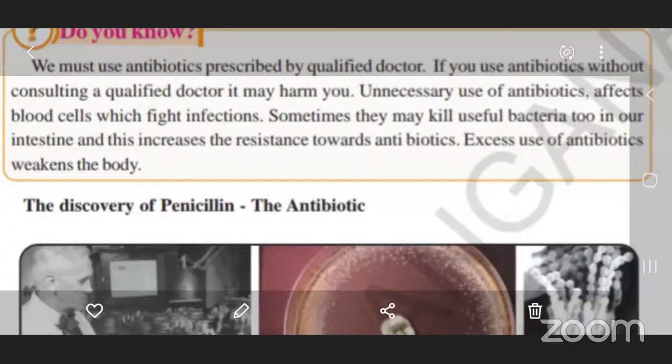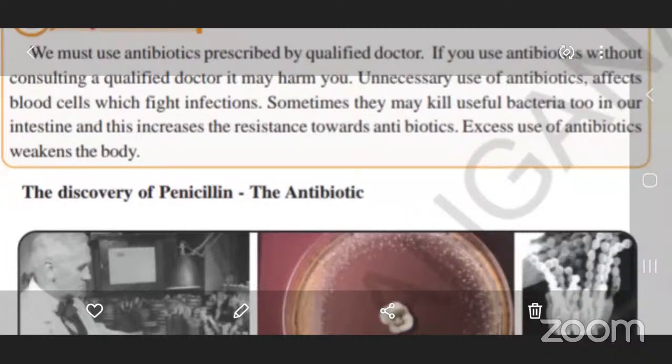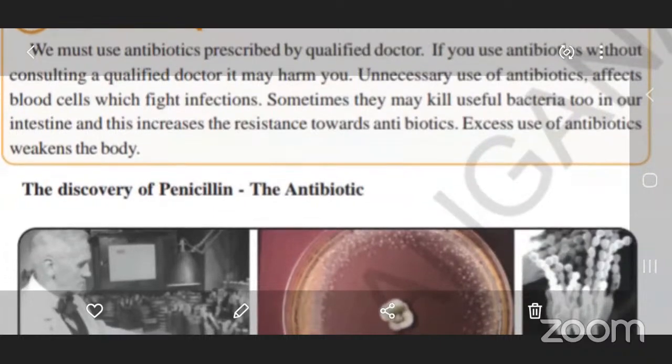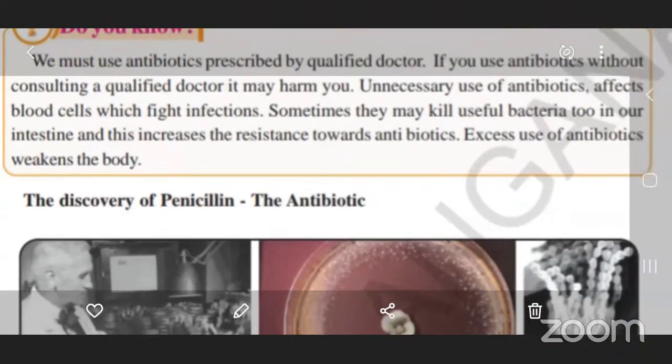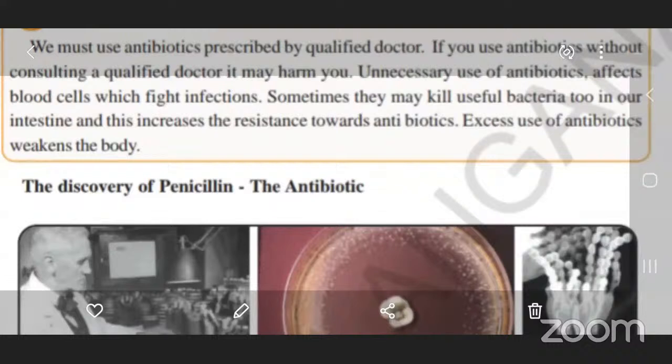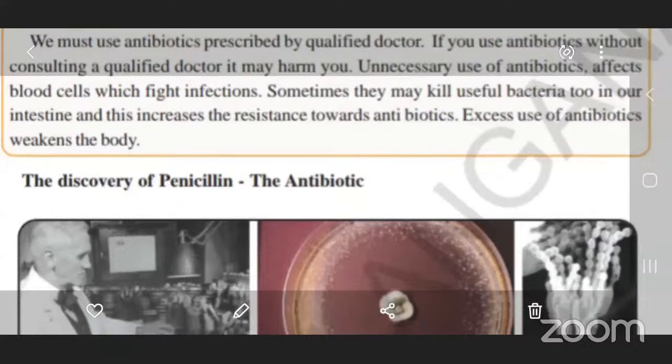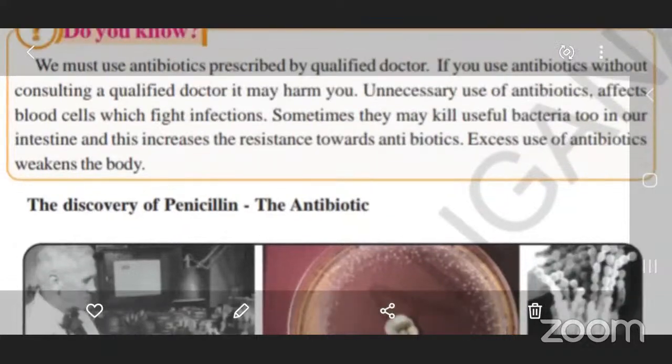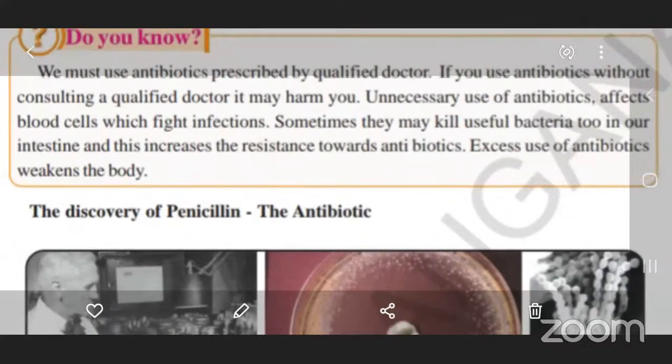That's why, only when you need it, you have to use it, and with a doctor's prescription. But nowadays many people are habituated to taking antibiotics simply. By that, indirectly, you are losing your immunity power. You are making your immunity power and antibodies lazy.